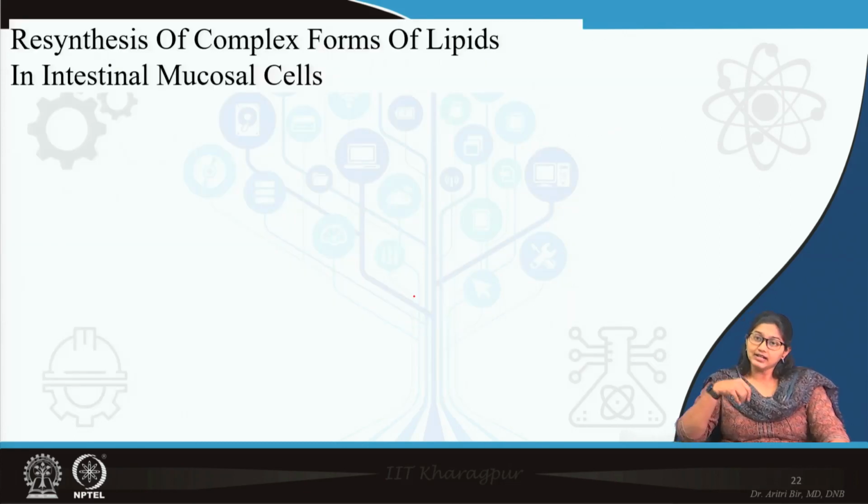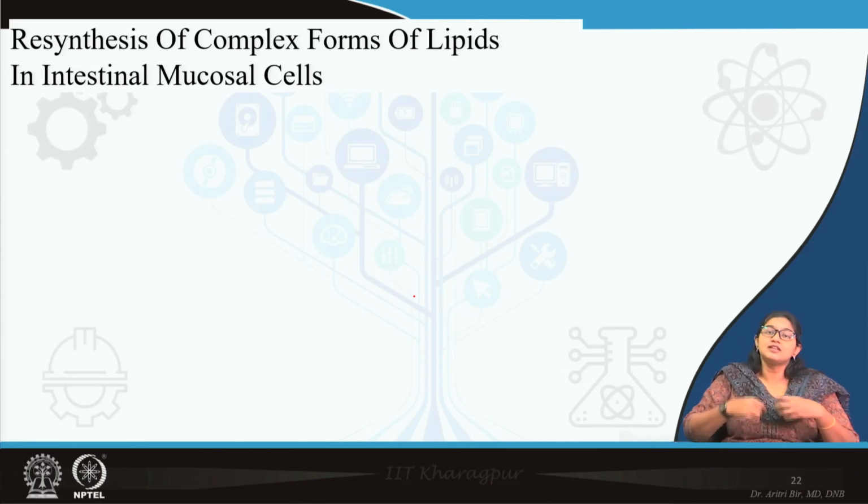Now, inside the enterocyte, basically what happens is that through the mixed micelle those lipids enter the enterocytes of the intestinal epithelium from the gut lumen. Now, inside the enterocytes there is resynthesis of the complex forms of lipid. Basically those products which were digested are again forming the complex lipid inside the enterocytes.